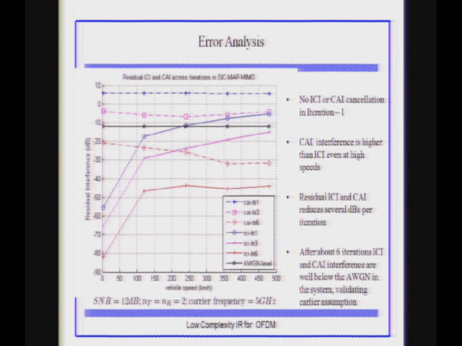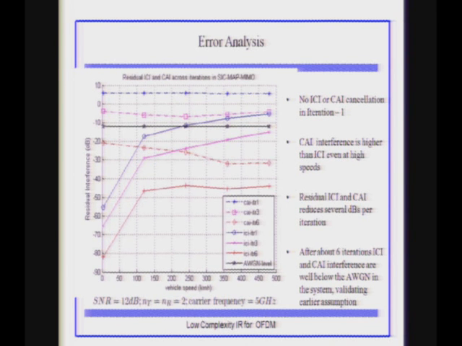At the second iteration, when you have mu's and sigmas, all this assumes perfect channel estimation. In order to understand the effects of this detection scheme, we assume the channel to be known. So at the end of the third iteration, that has come down drastically, almost 10 dB down, still higher than the AWGN in the system.